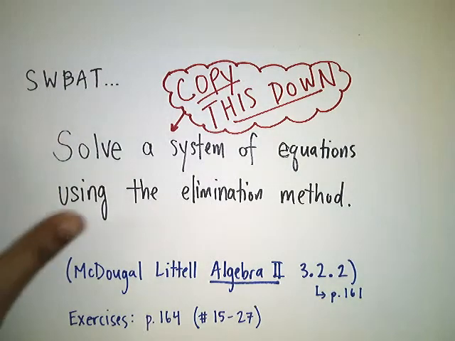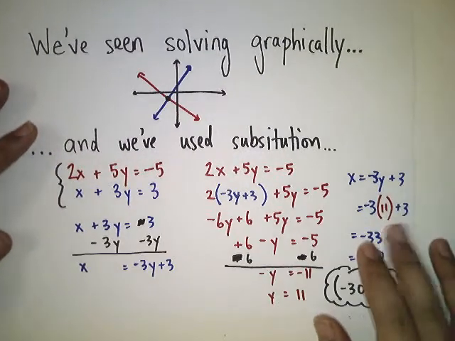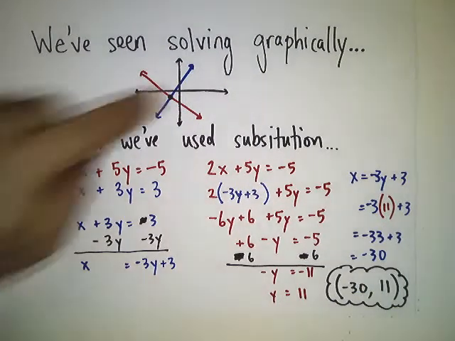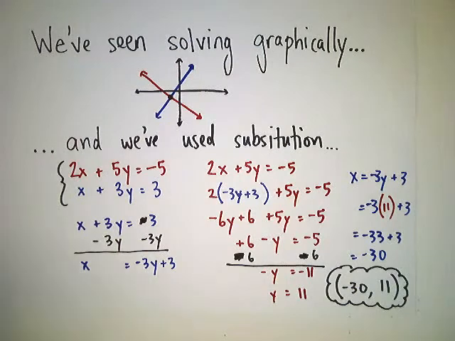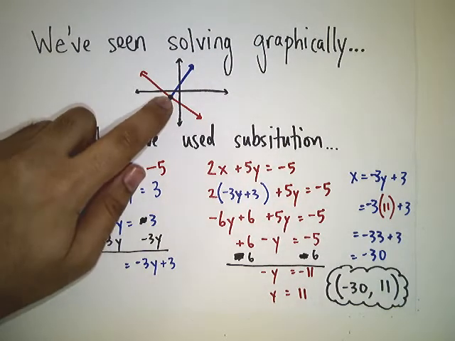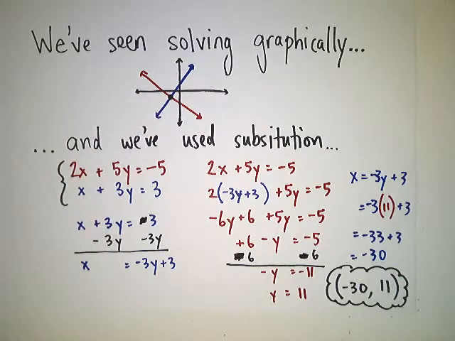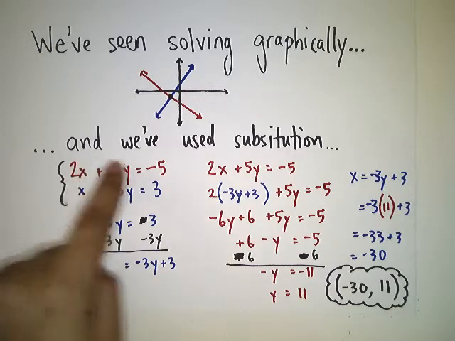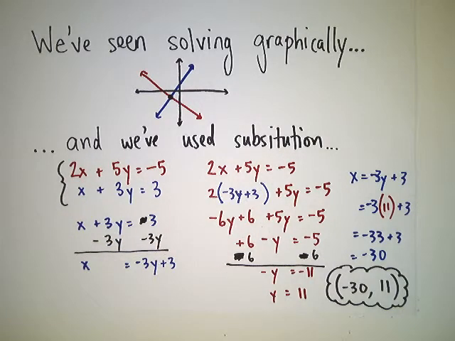All right. Now, what we've been doing over the past week or two has been solving systems of linear equations. We've done it graphically. That means actually graphing the two lines we're thinking about and looking to see where exactly they intersect, what the coordinates of that point are. Then we used substitution to solve systems of linear equations.